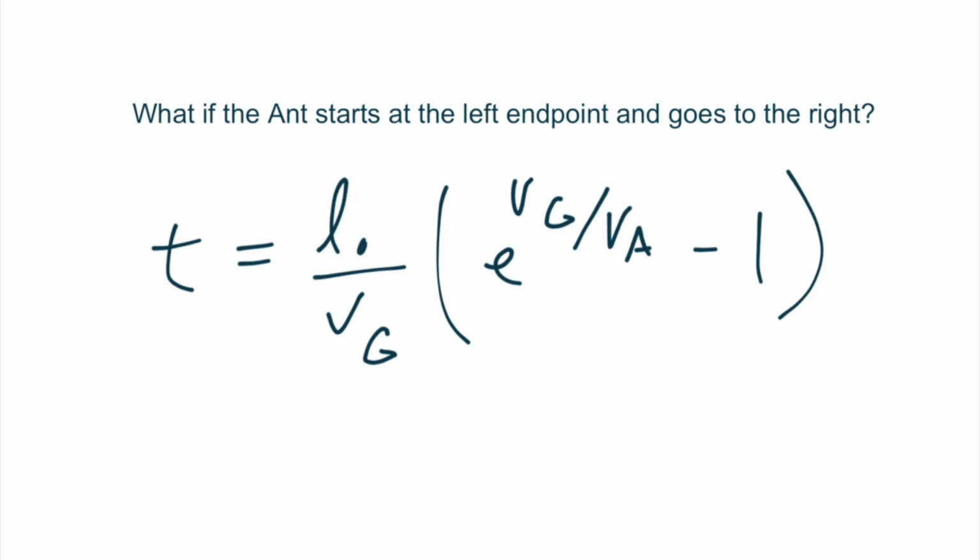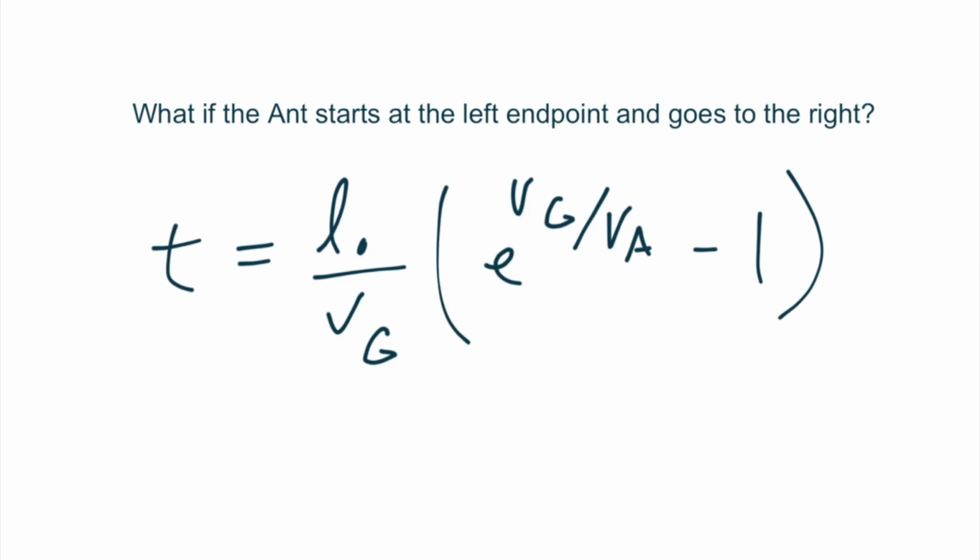So the sign of that exponent changes. This makes sense because they'd both be going in the same direction, so Vg and Va would both be positive. If the goblin's going away from the ant and it's way faster than the ant, you get Vg over Va, a really big number for that e term. And so this would work for that situation.